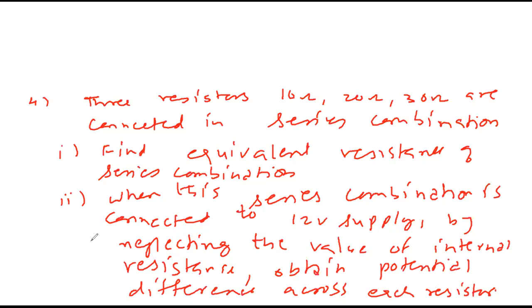Three resistors are connected in series combination. First find equivalent. Then this is connected to supply of 12 volt by neglecting value of internal resistance, obtain potential difference across each resistance. Okay.